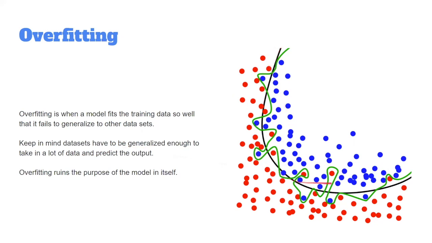The black line would represent a proper model. Yes, there are inaccuracies on both sides. However, that's a lot better than having a perfect line such as this green line, because if we try to apply this to another data set with different classes and different sides, this will be more inaccurate than the overall generalized black curve.